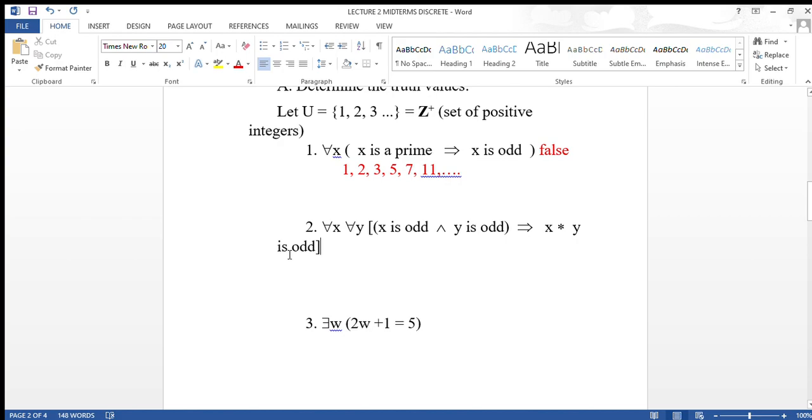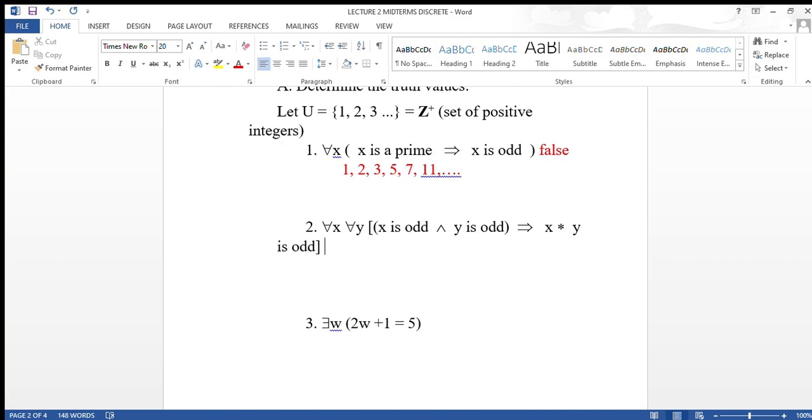So if you want to determine the truth value of our proposition, maybe we can look at some examples, but of course, when we are proving, we must generalize our proof.